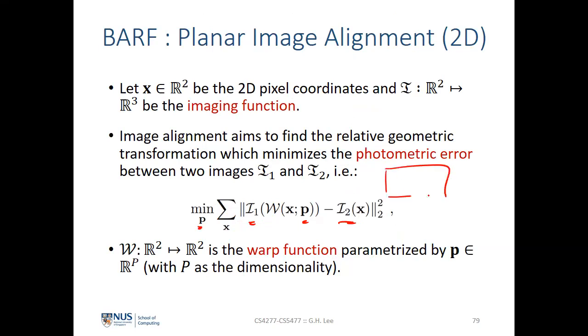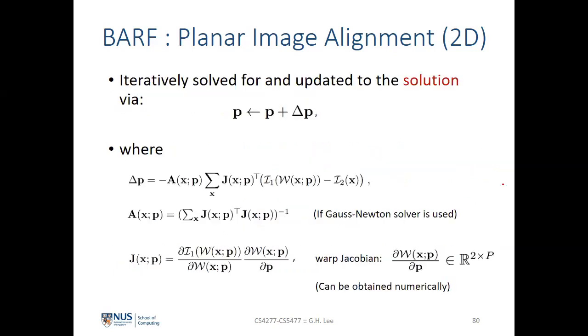What this means is that you are warping one patch here into the other patch, the other view, I2, and then you minimize this error. This is the photo consistency error between the two views. This can be iteratively solved because you are trying to optimize for the pose. If you know the pose, you can do this warping by just minimizing the photo consistency.